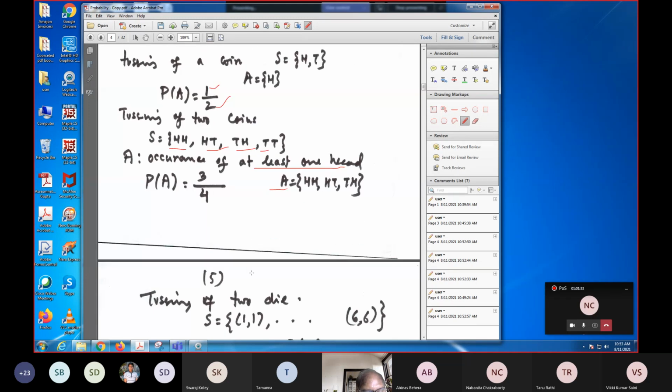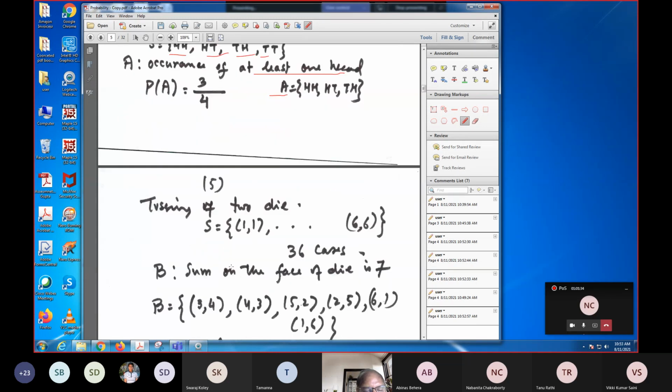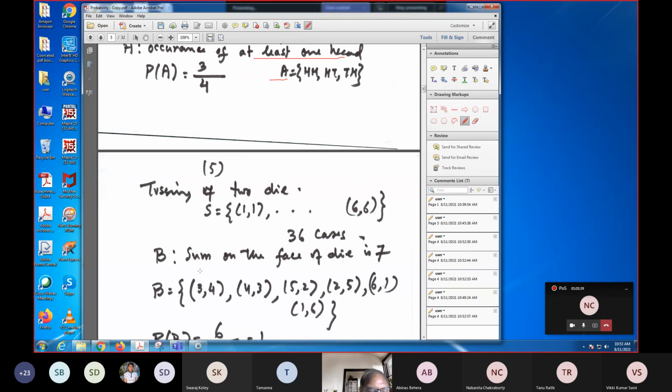Similarly, tossing two dice, we have 36 cases. Suppose I indicate by event B that the sum on the faces of the dice is 7. You throw two dice, on one die some number will come, on the other some number will come. We are interested in those outcomes which will give the sum 7.